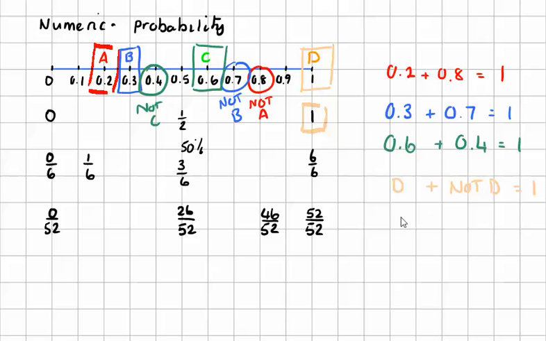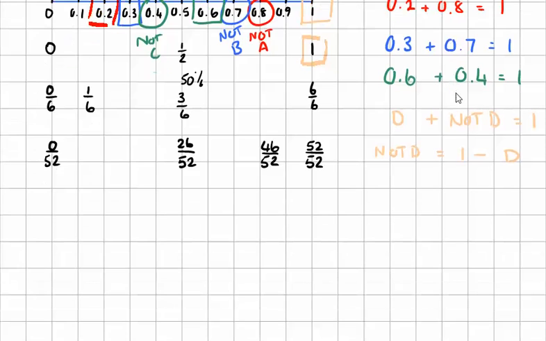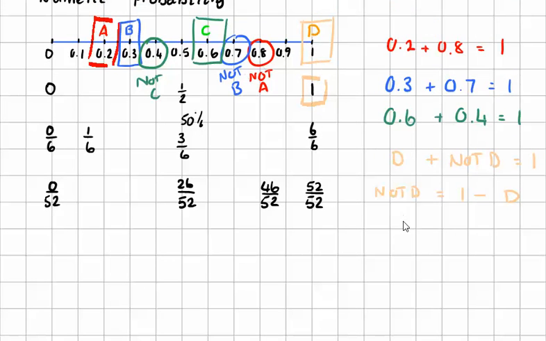That means the probability of not D must be 1 minus the probability of D. Make sense? Because 1 minus 0.2 was 0.8 and so on. So what is 1 minus the probability of D? Well, the probability of D is 1, so we have 1 minus 1, which makes 0. So the probability of D happening is 1, the probability of not D must be 0.